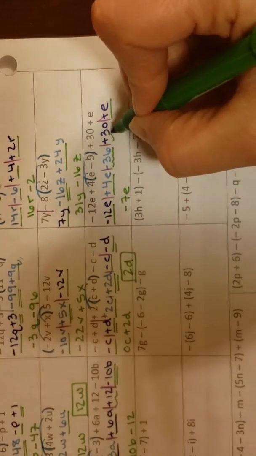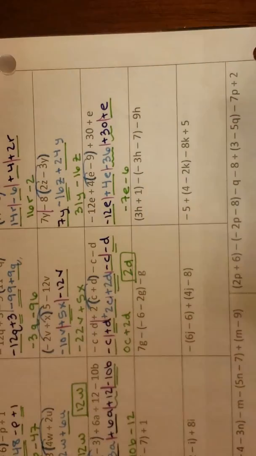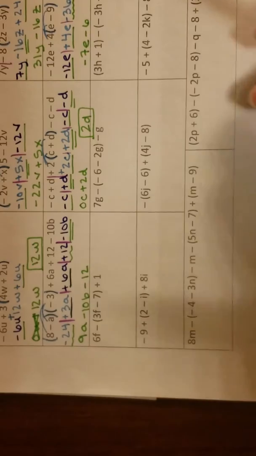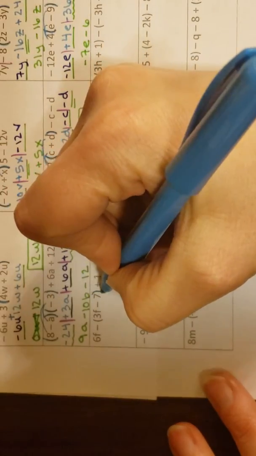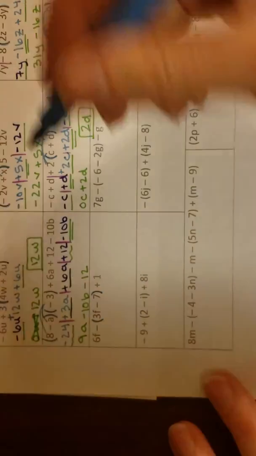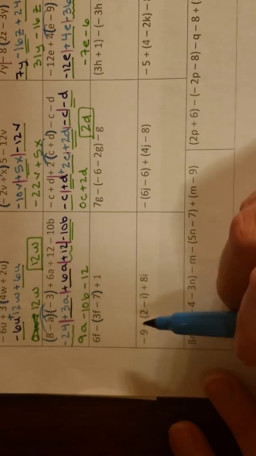Negative 36 plus 30 back is negative 6. Variable comes first, and that's our final answer. Good. So as you can see, it's really important that you do your distributive property accurately, because if you come up with the wrong line here, then everything's going to get goofed up, right?